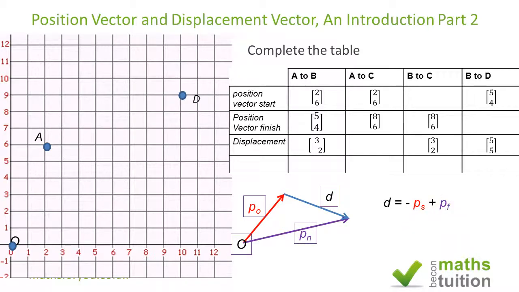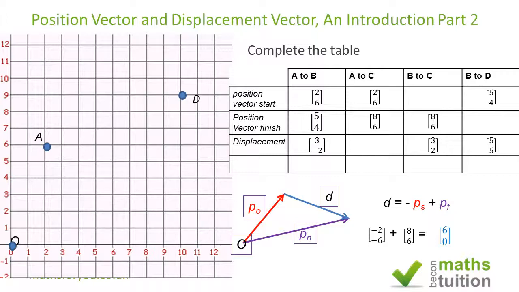Right, so now we're going to go back on ourselves, hence the minus sign, -(2, 6), so -2 and -6, and then you add P_F there. We know that P_F given to us is (8, 6). Now 8 minus 2 is 6, and 6 minus 6 is 0, so we end up with (6, 0).